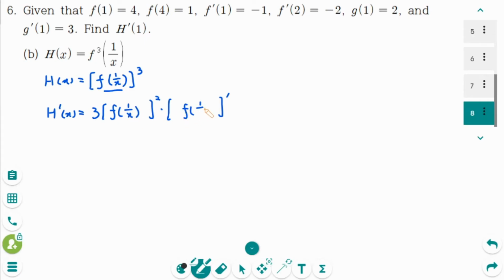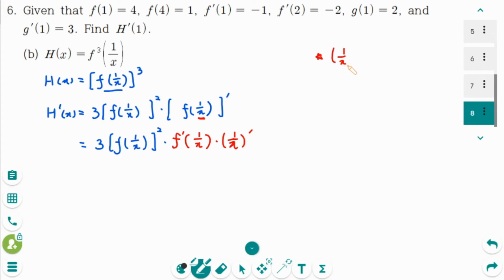Then we can rewrite as 3 times f of 1 over x squared times, now 1 over x equals u. So derivative of the outer function f prime of 1 over x times 1 over x prime.